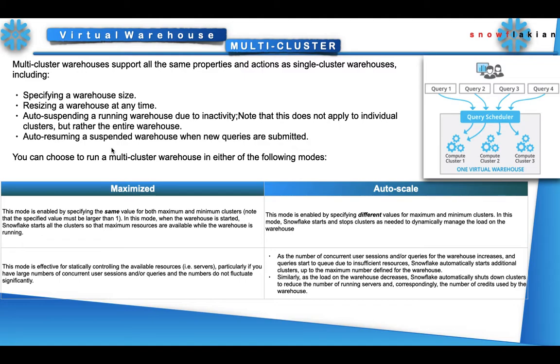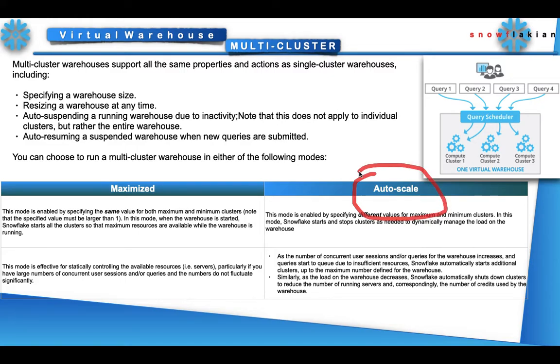So now we have learned about multi-cluster, right? There are two kinds of options in the multi-cluster, that is maximized and auto-scale. Okay, so what is the difference? Auto-scale, the name itself is telling, right?